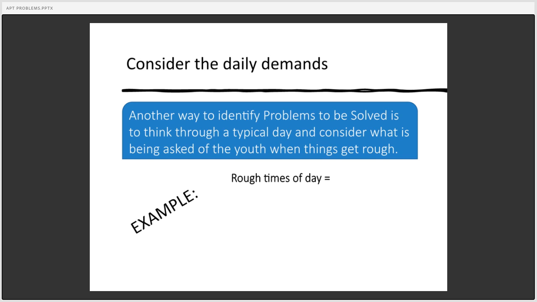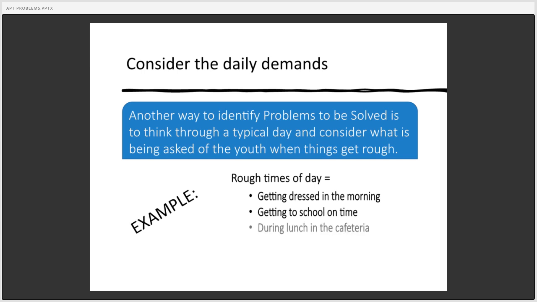Let's think about what are the rough times of day for this particular youth? Well, getting dressed in the morning, there's often behavior around getting dressed in the morning. Getting to school on time. She's rarely getting to school on time. That's hard for her. And so that's an expectation that's rough.